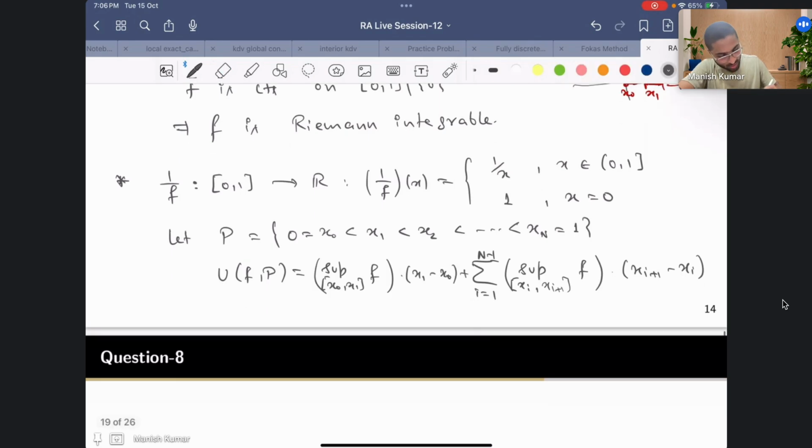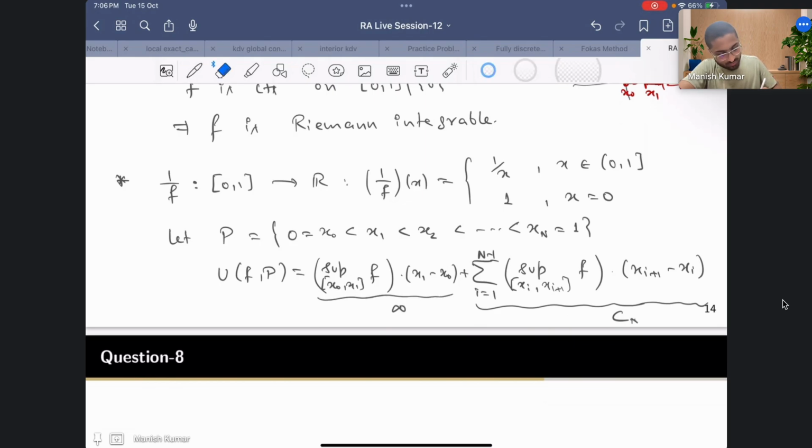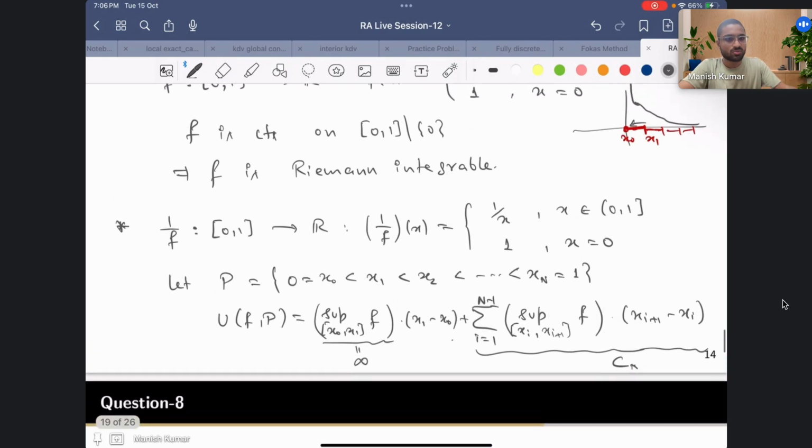Now you can clearly see the rest is a finite value. This will be some c, because on each of the subintervals the function is bounded, so it takes some finite value, and this is also a finite real number, so this whole summation will be a finite number, obviously depending on n. But this supremum is always going to be infinity, because this function is unbounded. So this upper sum is always going to be infinity, right?